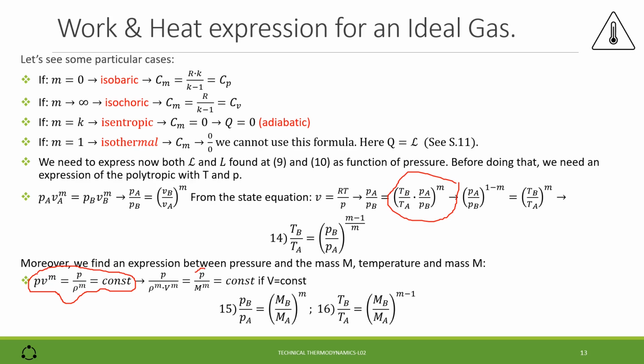This is practically coming from this expression applied at the states A and B. And if you replace the temperature by using the state equation, we can also get a similar expression between the temperatures of state B and state A and the mass. In this case, the power is m-1.